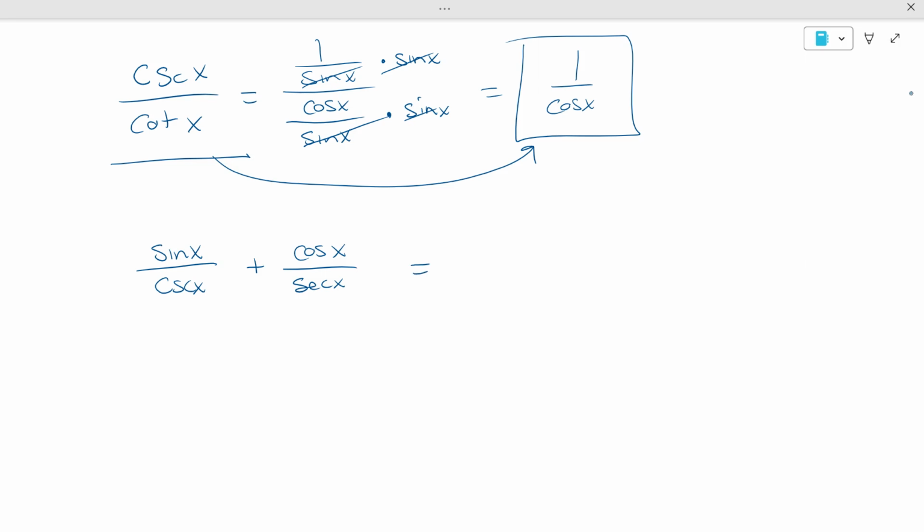So, if it's already in terms of sine and cosine, we don't change it into something else. So the numerator of the first one is sine of x. What does the denominator of the first fraction become? Cosecant is 1 over sine of x. Secant is 1 over cosine of x.